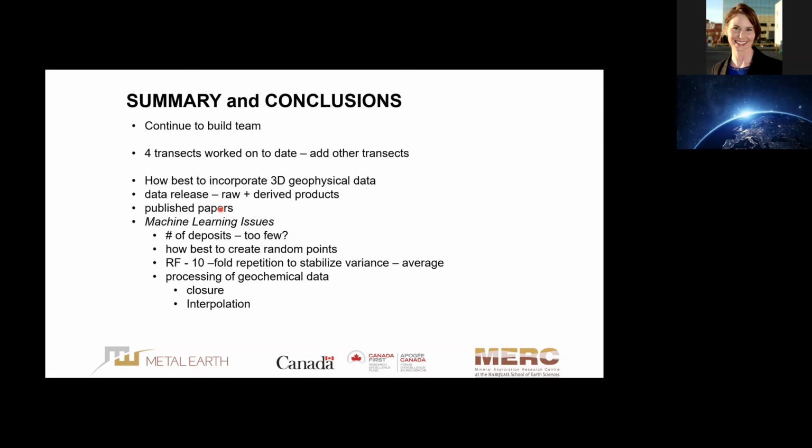Processing of the geochemical data, Eric's very knowledgeable about the effects of closure. So that becomes close to our heart in looking at that. And interpolation is close to my heart because I know in some cases, if we interpolate with the paucity of points or low density of points, our patterns can be quite meaningless.